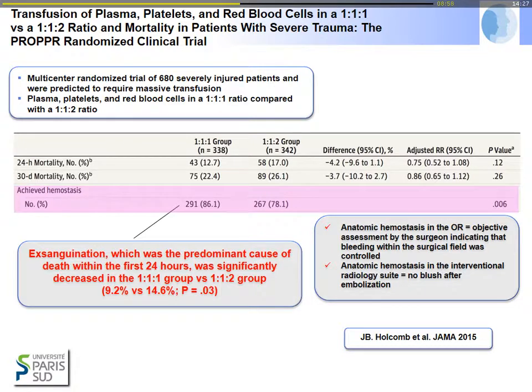So it's a limit of this study, and the only result that we can theoretically consider is that there is no difference in mortality and that the two strategies are equivalent.